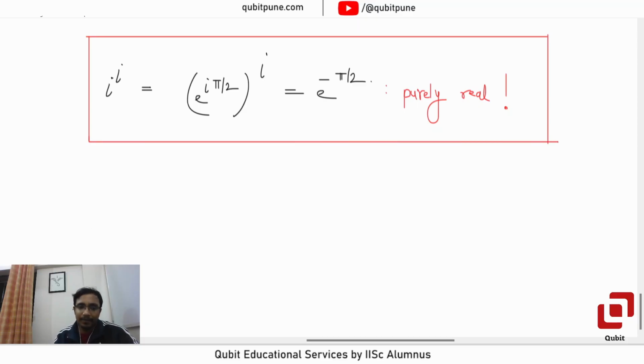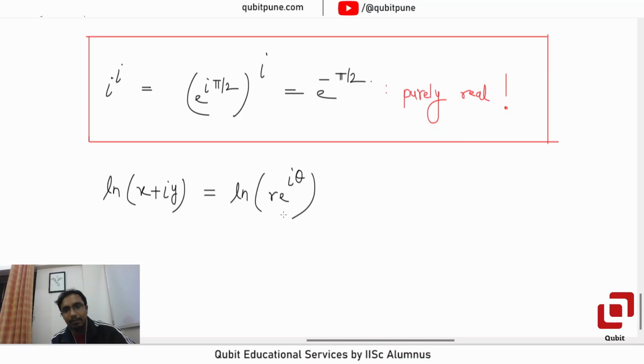Fine. Now they may not also ask you this, but suppose we are asked to find the log of a complex number. We don't have that, but in case, the log of a complex number will be converted immediately to polar, exponential form. So it will be ln r plus ln e to the power i theta.